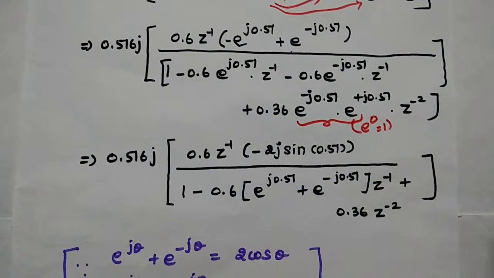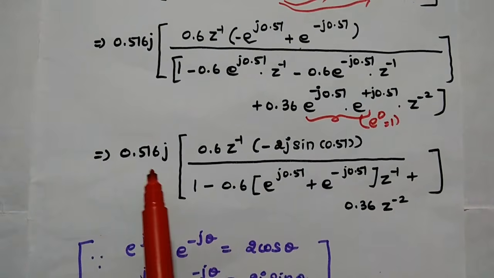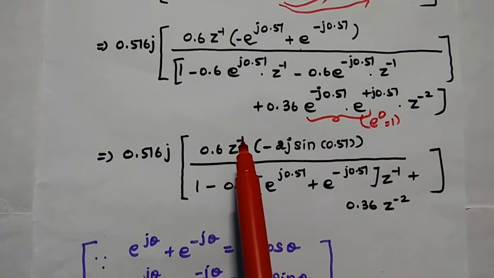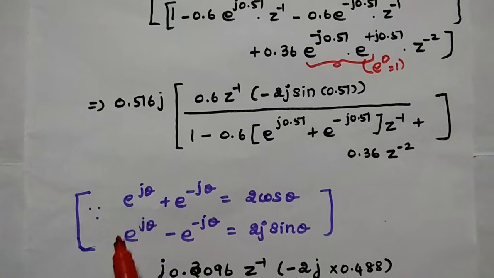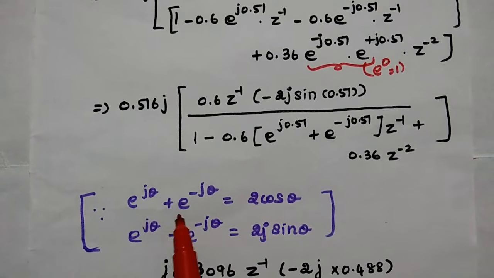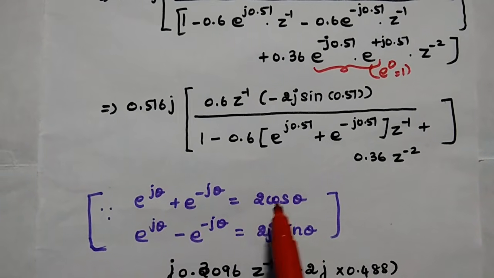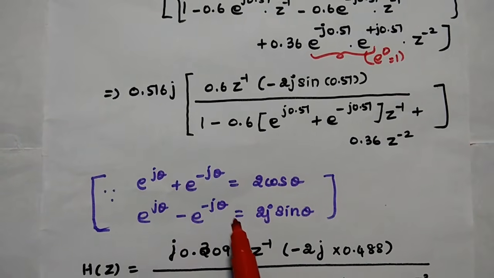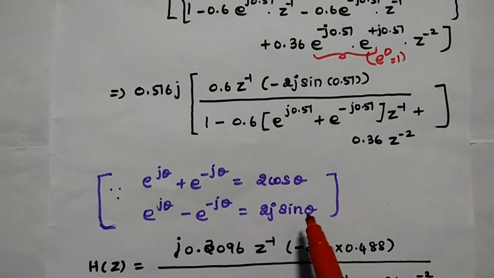correct? So in the next step, we can write that value as 0.516j of 0.6 z power minus 1. As we know, e power j theta plus e power minus j theta is equal to 2 cos theta. E power j theta minus e power minus j theta is equal to 2j sine theta.